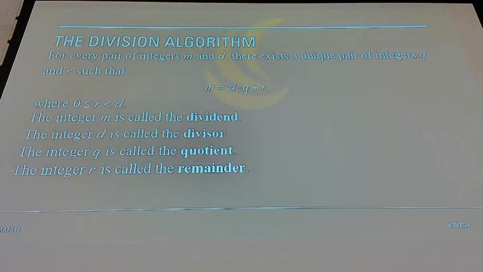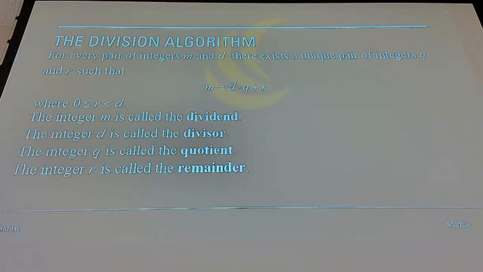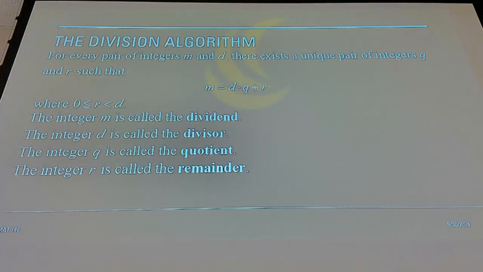The process of dividing that you went through in elementary school was to find your quotient and remainder. Again, the division algorithm simply guarantees the existence of them, doesn't tell you how to find them.